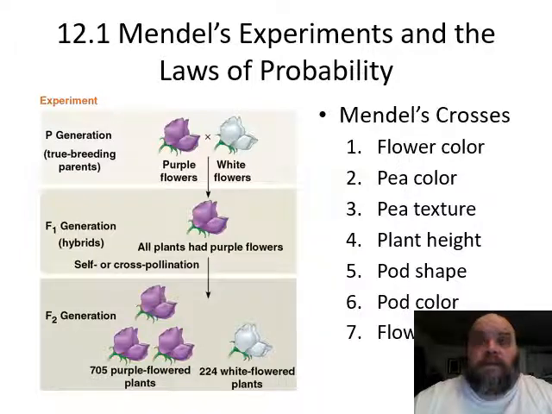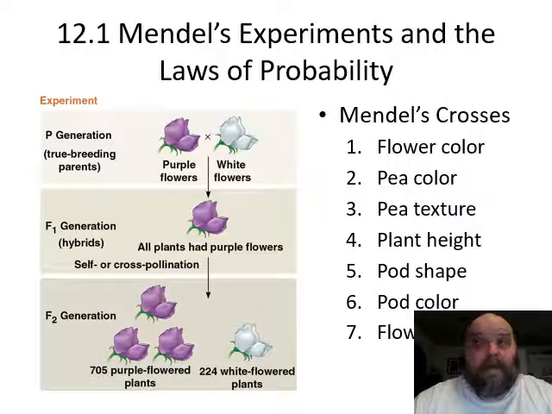Then he took two of the F1s, mated those together, hybridized those together, and did the same thing again. Waited until the peas were made, counted the peas, kept track of the colors. Planted the peas and waited till they germinated into flowers. Counted them up. Purple and white came back.